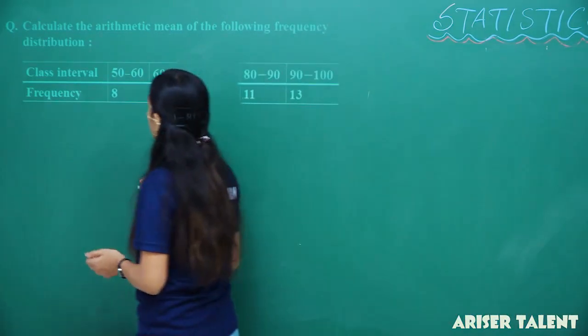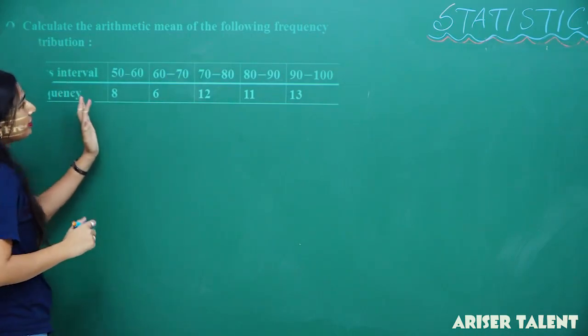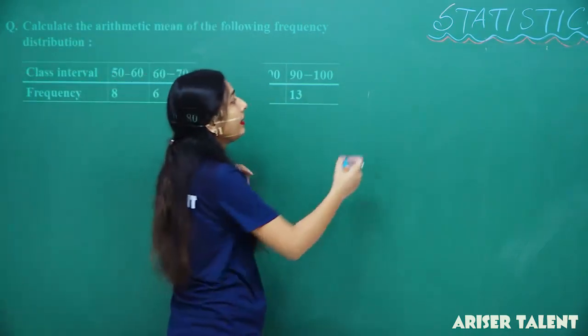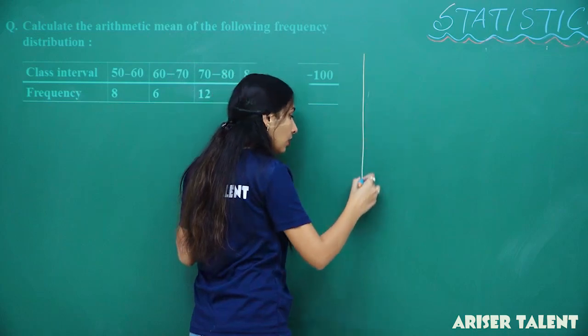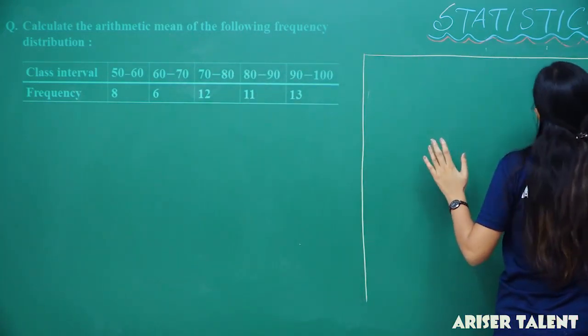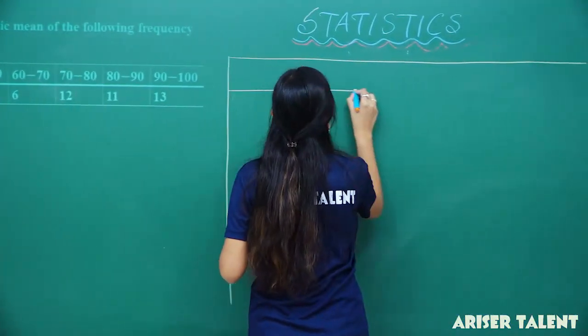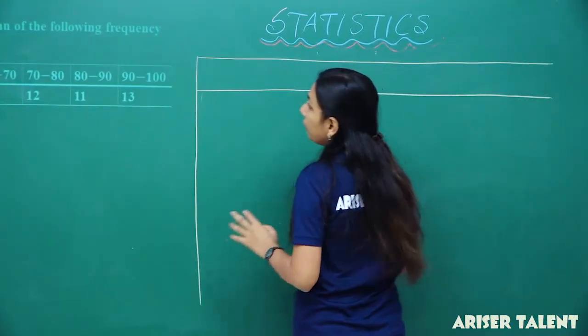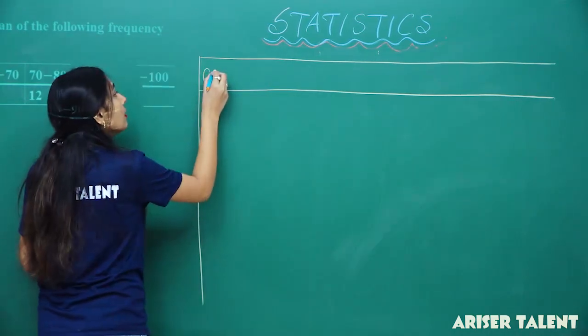So here this table is given, and we are making our table this side. What are we supposed to do? First we'll make the very first column of class interval.